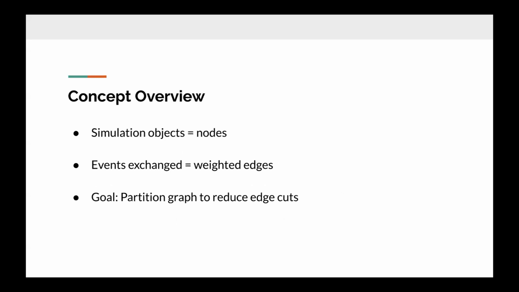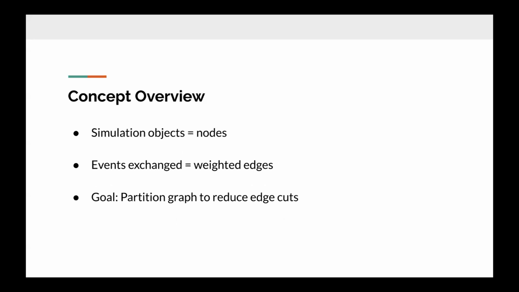Let me walk you through what it looks like conceptually. After the profiling phase, we construct a weighted undirected graph where each node represents a simulation object and the edge represents the number of messages sent between the objects during the sequential run.